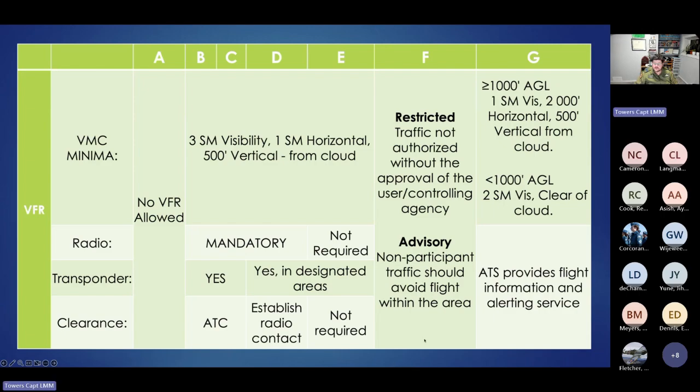Like what sort of equipment? Cameron again? A transponder? Yep, in designated areas.